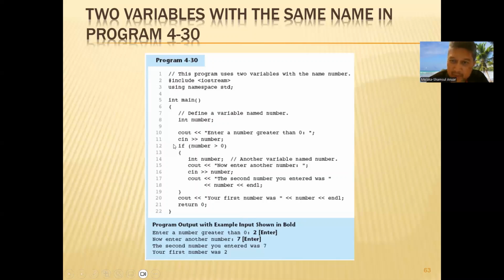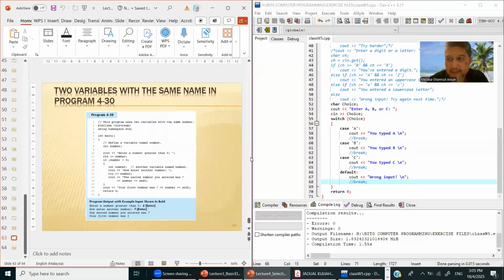So you do not want to do this, because the last thing you want is to have the same variable name with different values that you cannot control. You'll make yourself confused.